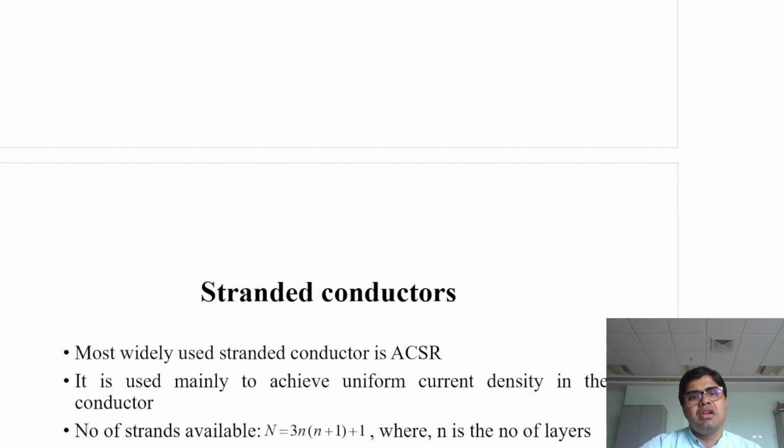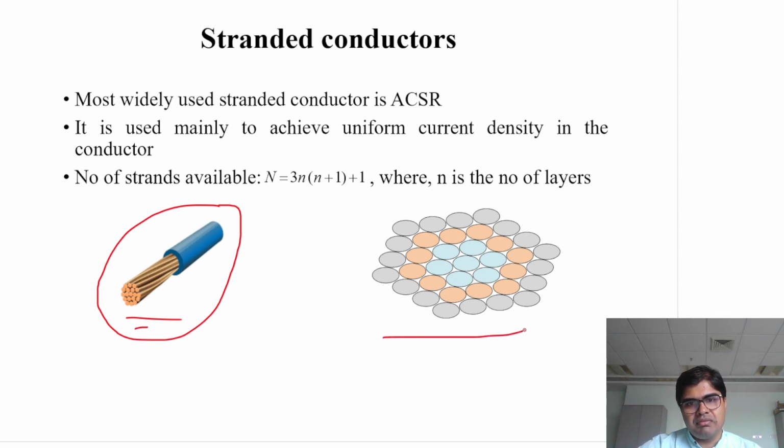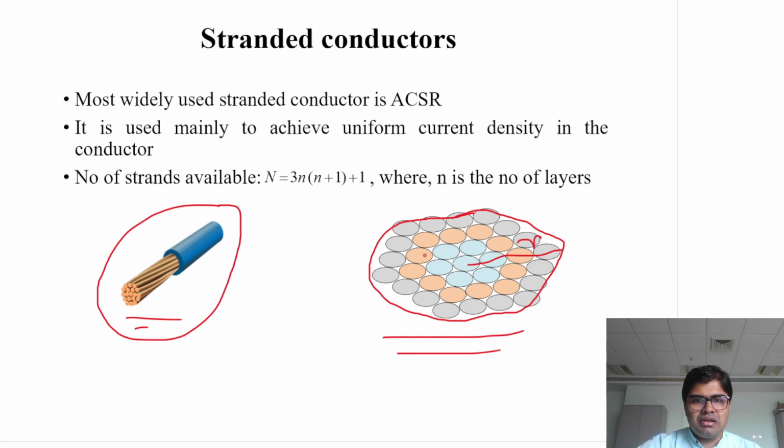Okay. Now what is a stranded conductor? This is the typical diagram of a stranded conductor, a practical conductor. And this is the cross-sectional view of the stranded conductor. This is the overall conductor, having radius R. Each subconductor will form a strand.